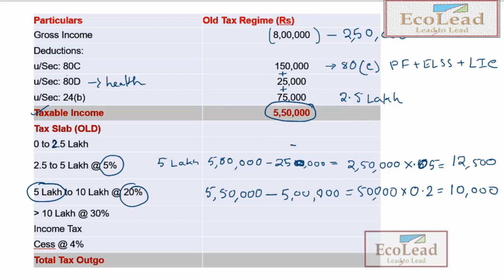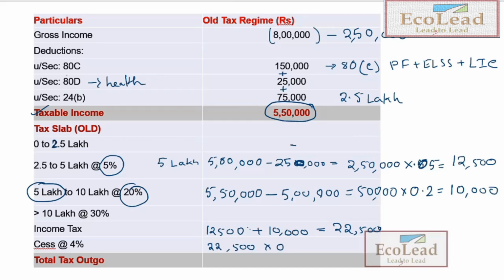So the total taxable income was 5,50,000 and the total tax amount or income tax will be 12,500 rupees plus 10,000, which will be equal to 22,500 rupees. And 4% cess will be applicable. So for calculating the cess, we will multiply 0.04 with this amount.